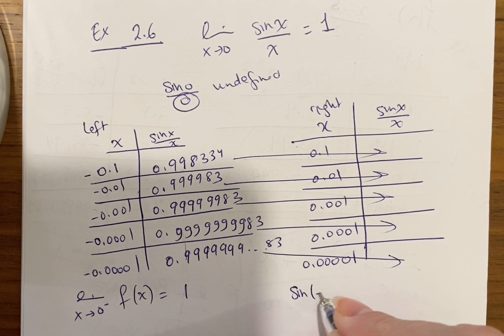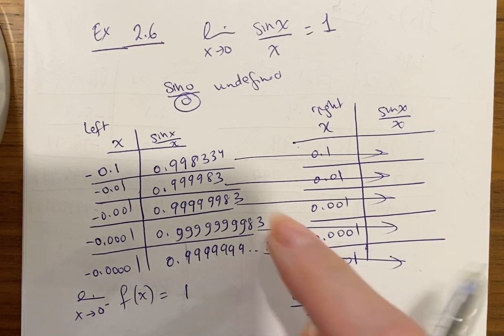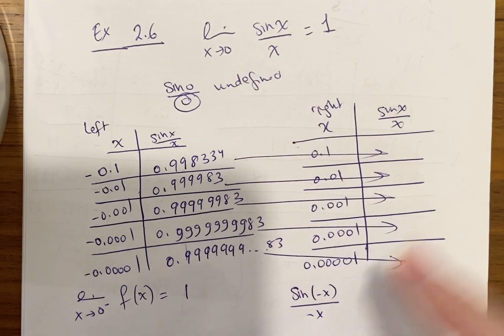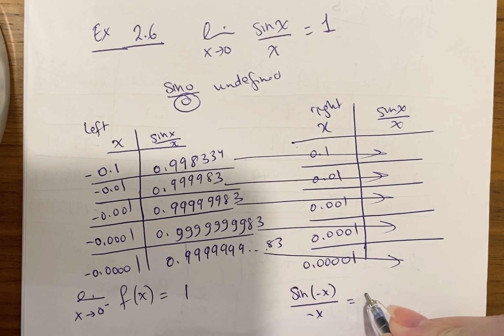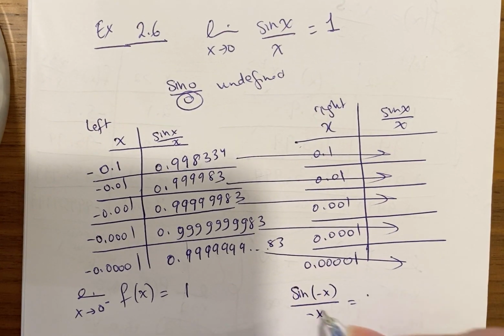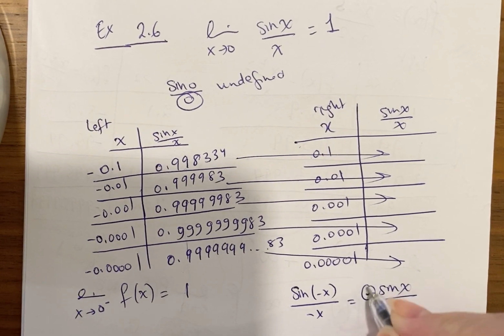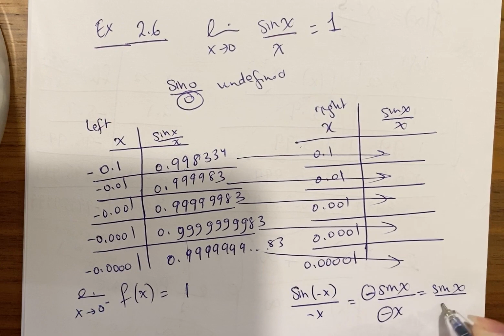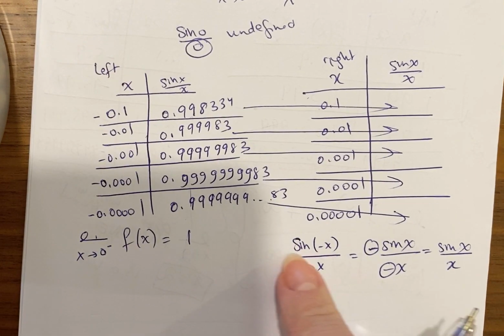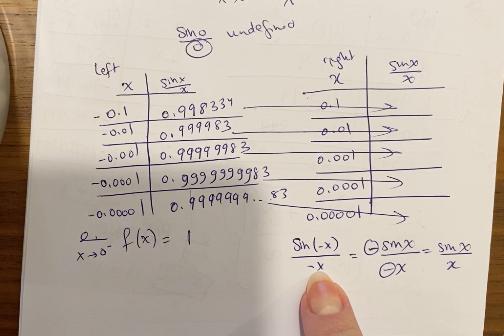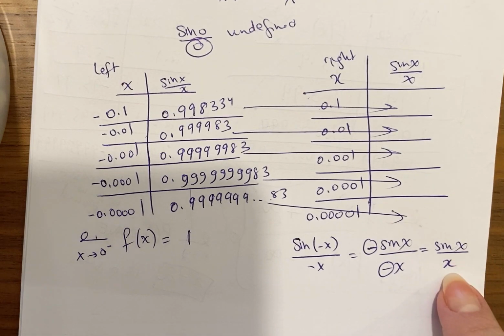Because if I have sine minus x over minus x, I changed the angle from positive to negative. According to inverse angles for trigonometry, this will become minus sine x over minus x. The minus and the minus will cancel, so I'm left with sine x over x. So sine minus 0.1 over minus 0.1 is the same as sine 0.1 over 0.1.